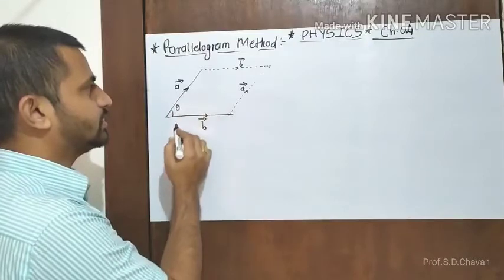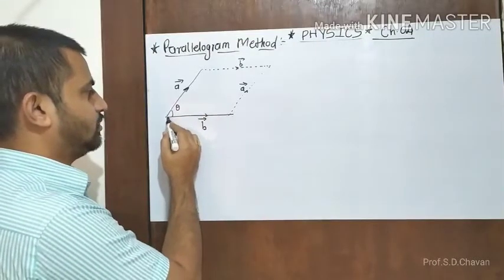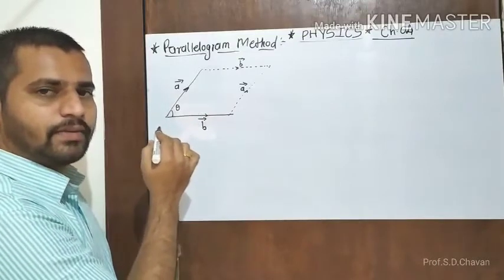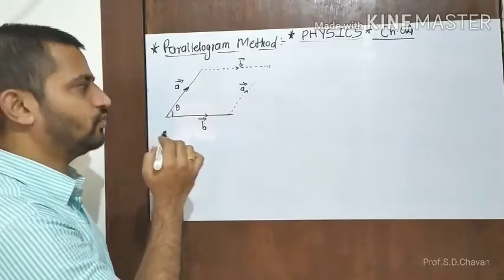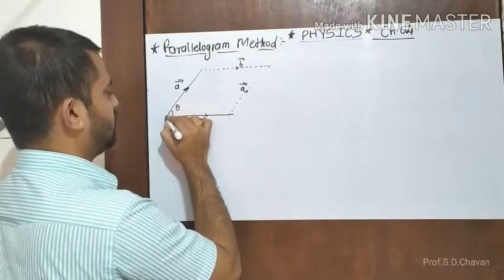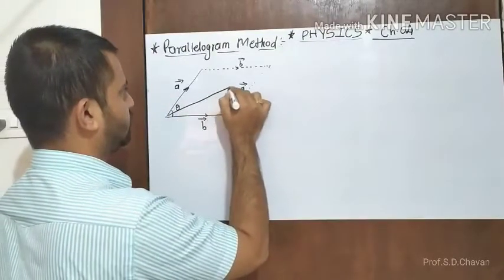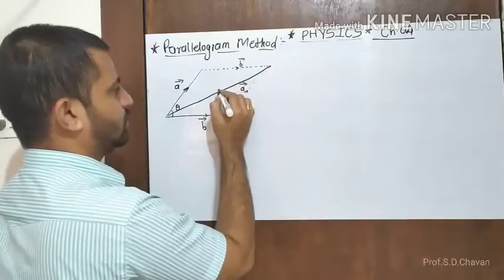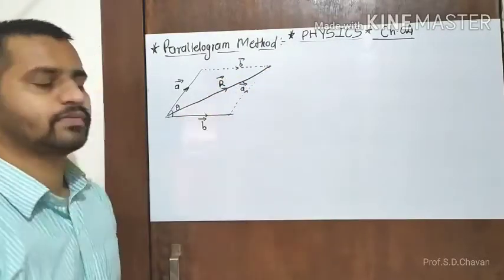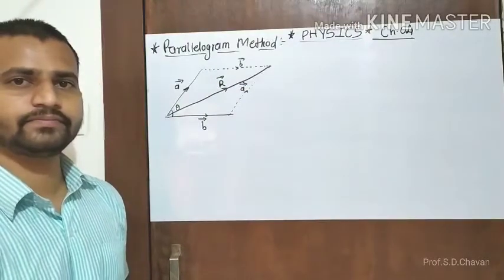So the resultant is given as the diagonal passing through the meeting point of the tails of the two vectors. Okay. So if we draw this, we will get one inclined line. This is the resultant vector R. Okay.